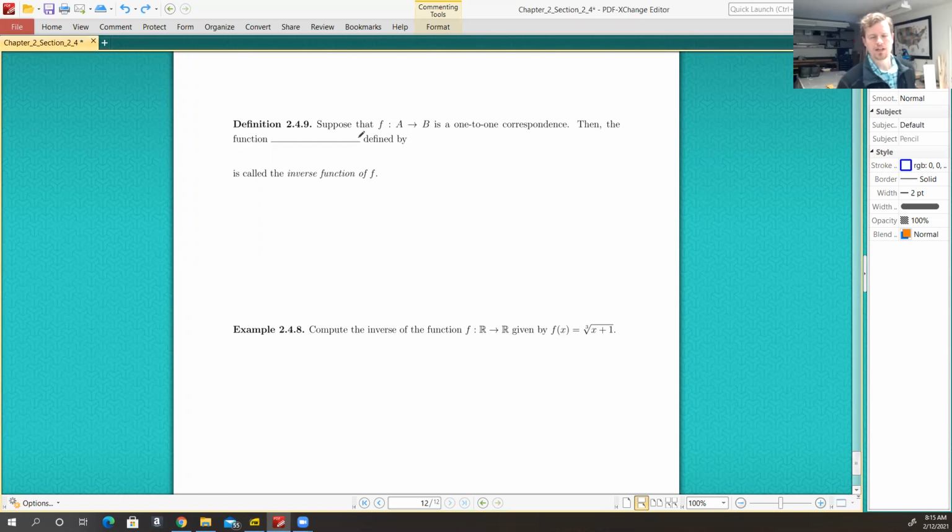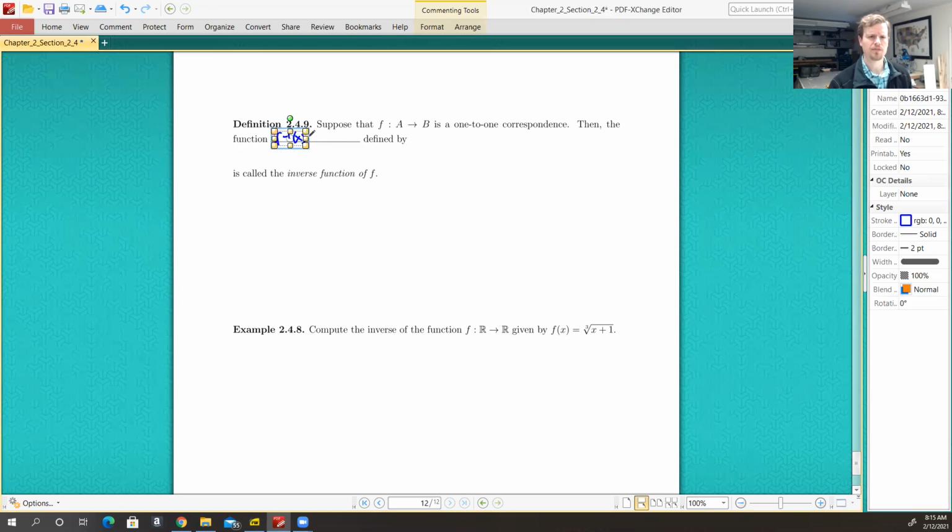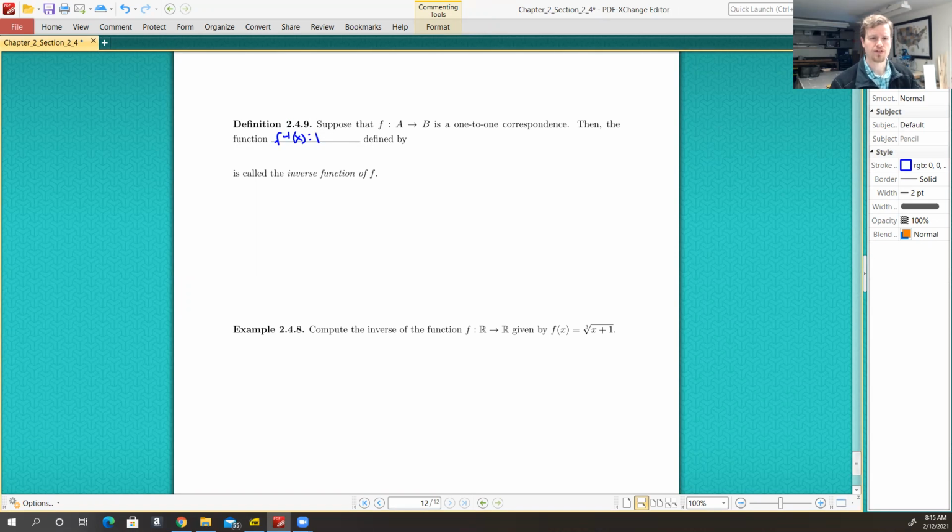All right, so inverses. Suppose that f is a function from A to B, and it is a one-to-one correspondence. Then the function f inverse of x is a function from B to A. Remember that this is a relation, f inverse is a notation for the relation, and it's defined by a collection of ordered pairs.